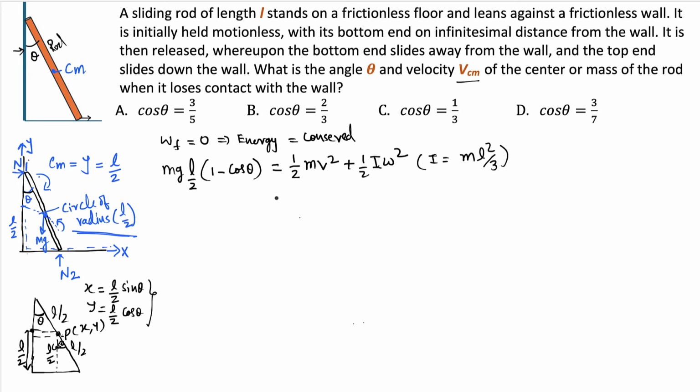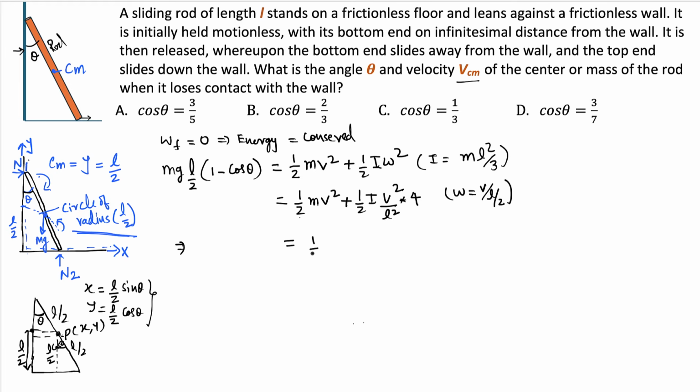Okay, so we know that omega is nothing but v by L over 2, right? So we can simply write 1 by 2 I v square by L square into 4.